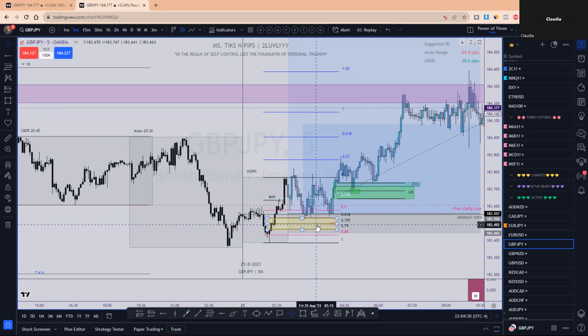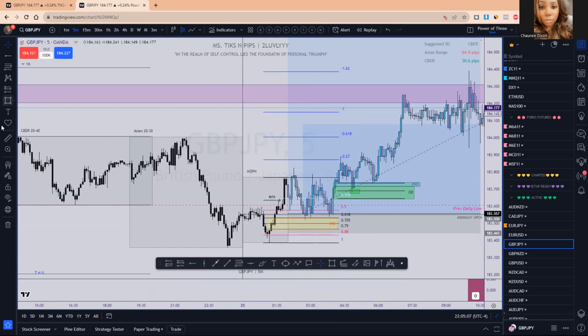Okay, thank you. Can you please show the icon for the fib on the chart? Yeah, so I have it on the toolbar and I'll show it on the left side as well. It is this little icon, like four lines right here.